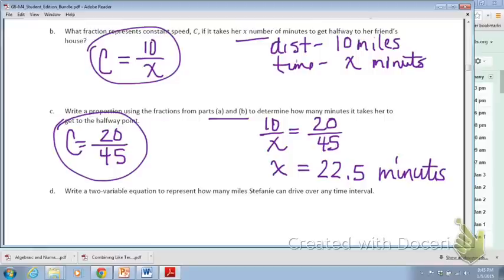Okay, so part D again wants this two-variable equation to represent how many miles Stephanie can drive over any time interval. So we need to define some variables.